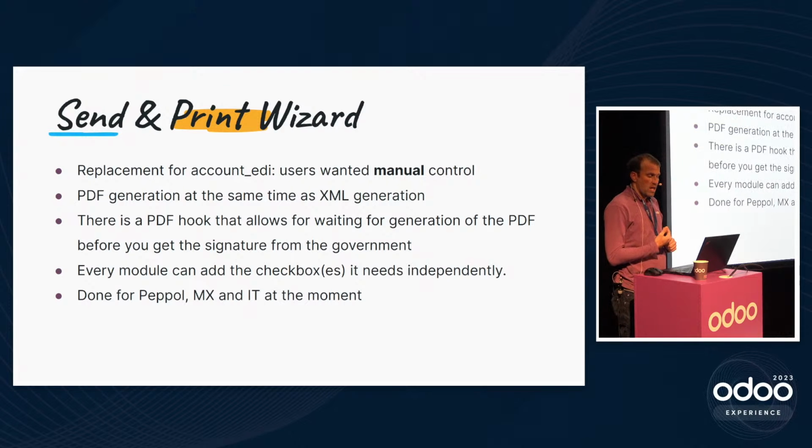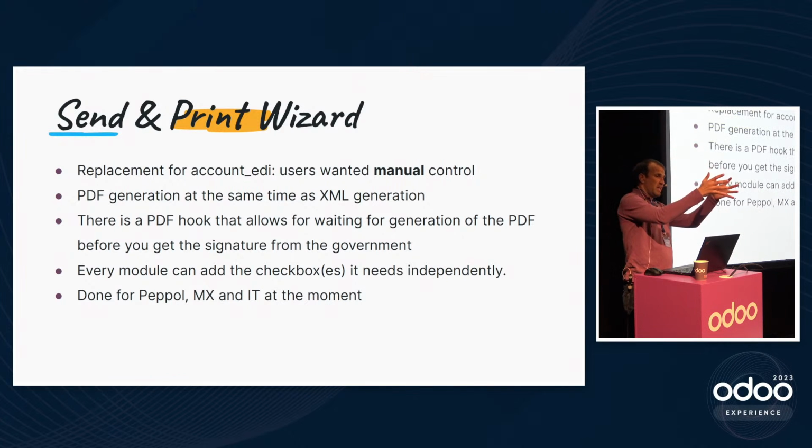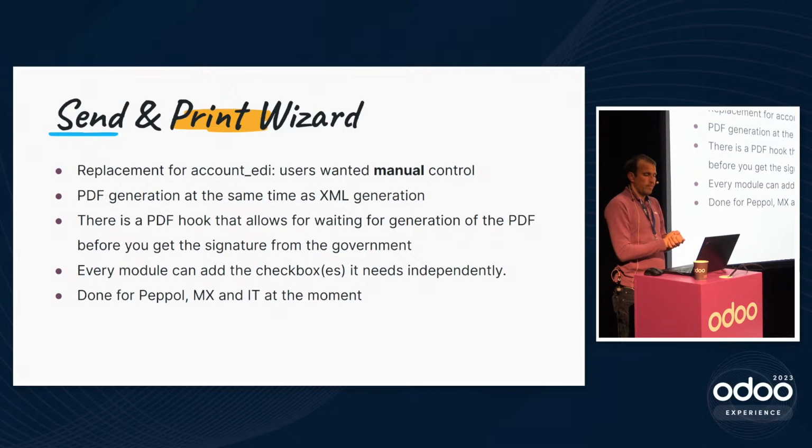What's special here is that we thought it would be good that when you generate the XML and the PDF, they are in sync, so that you avoid having a PDF that looks like this and an XML that actually says something else.